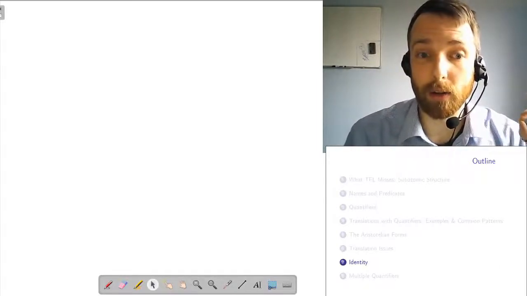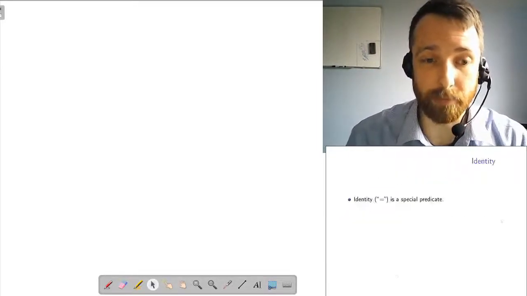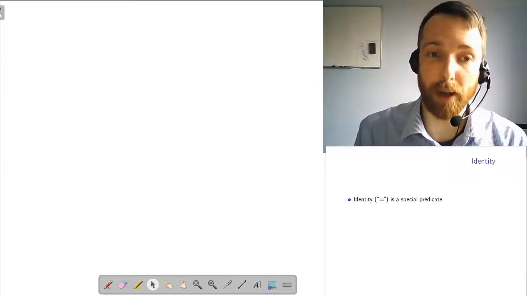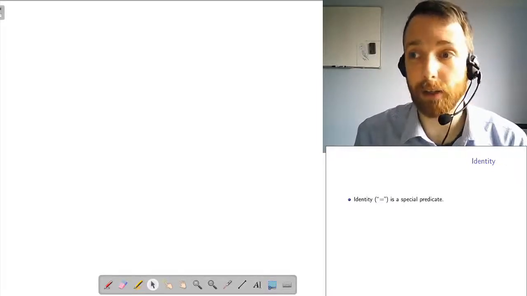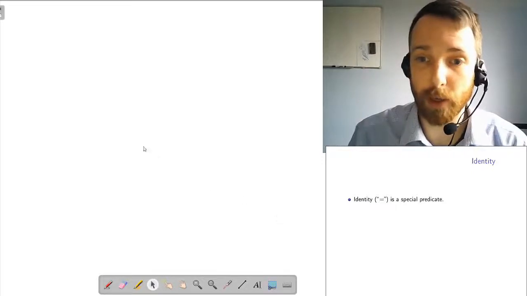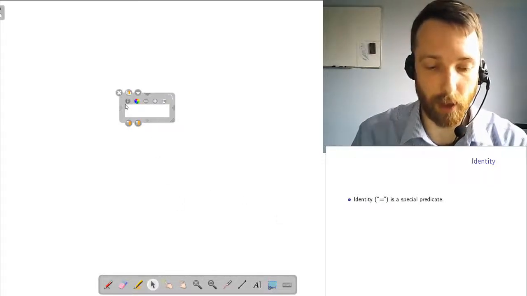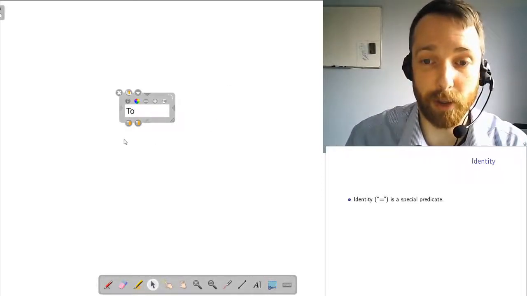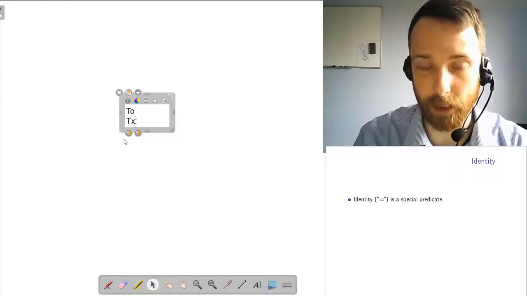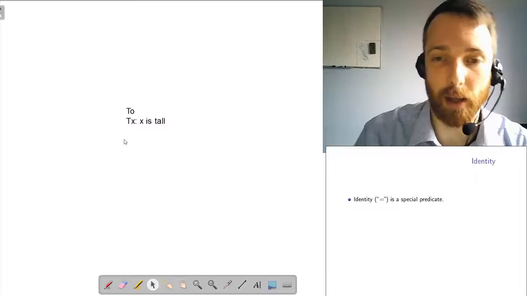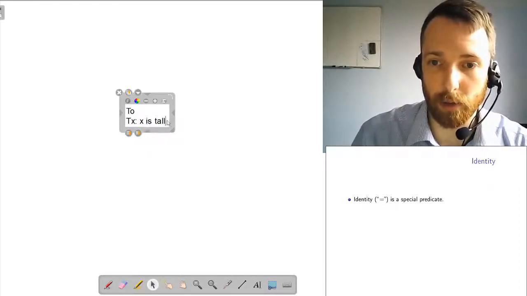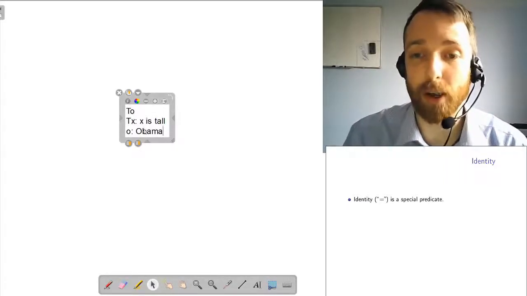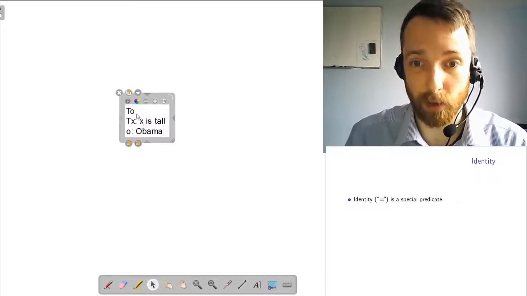Okay, here's the predicate. We call it identity. We symbolize it with an equal sign. I should note, the way that we write sentences using this predicate is different from other ones. So most of your predicates, you would wind up writing something like a capital letter followed by some number of lowercase letters, right? So if TX stands for X is tall, and if O is a name for Obama, then TO is how you write Obama is tall.